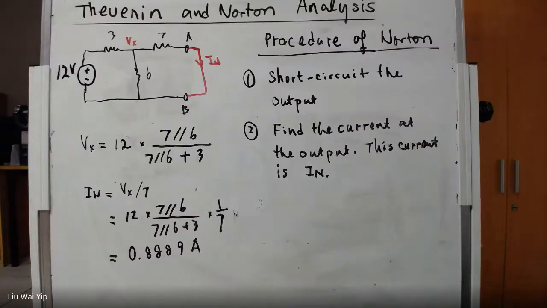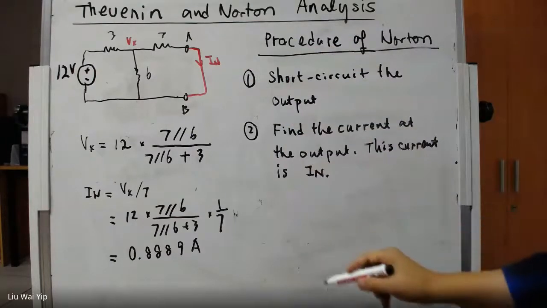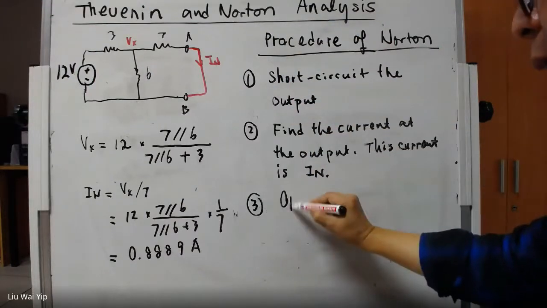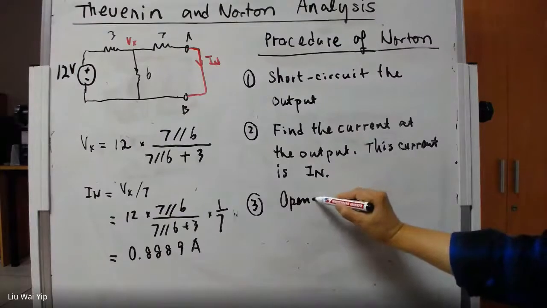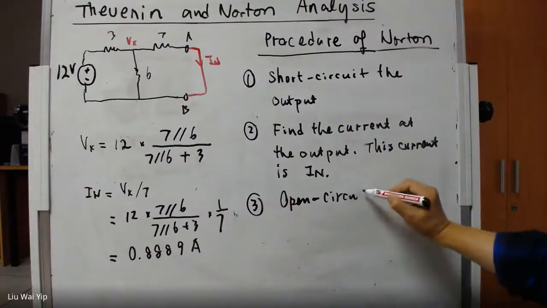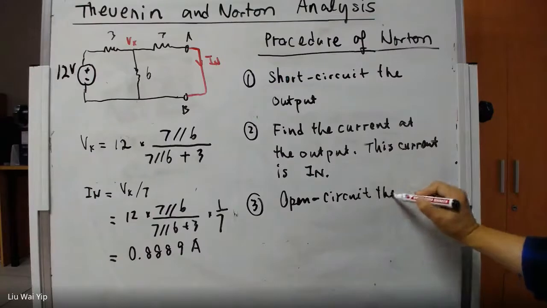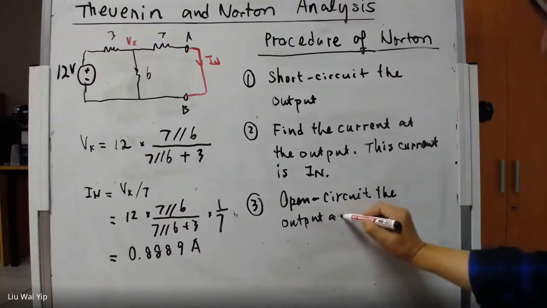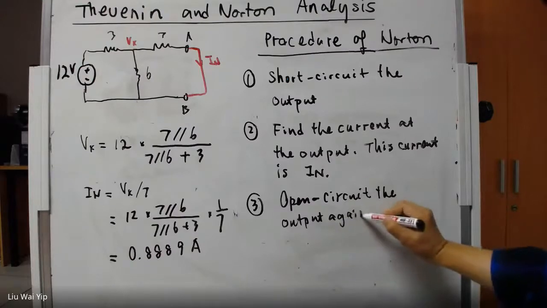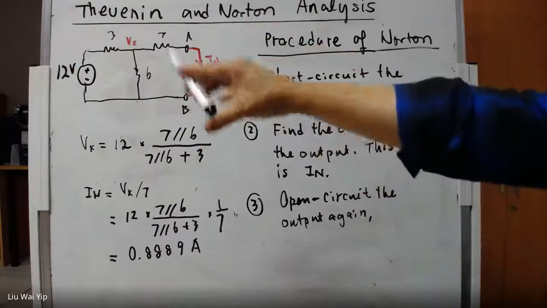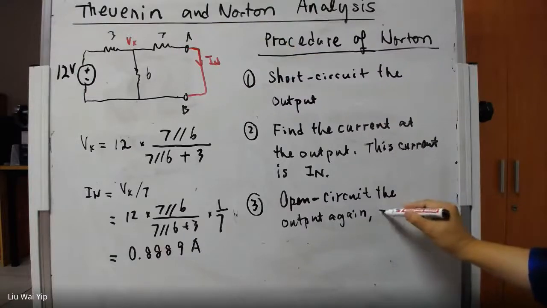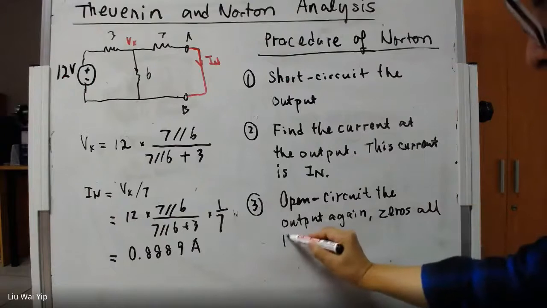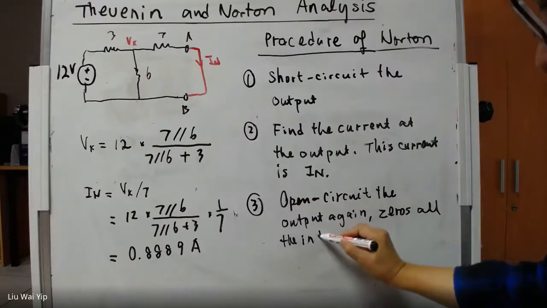The next step is open circuit the output again. And then, by the way, zero all the sources, all the independent sources.